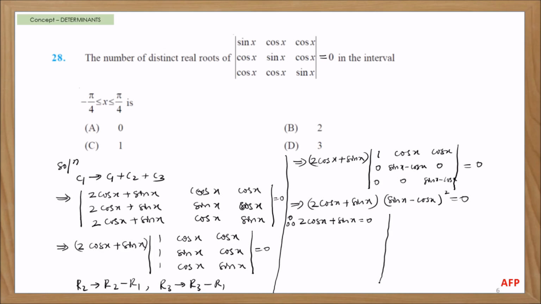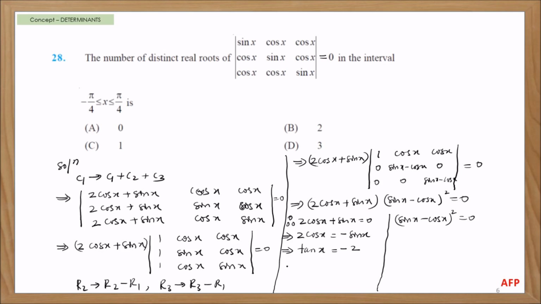So this is one part of the solution. Next, sin x minus cos x whole square is equal to 0. Okay, so this part of the solution, sending the sign to the other side, it is a minus sign. Okay, so altogether if you simplify, tan x you are getting minus 2.